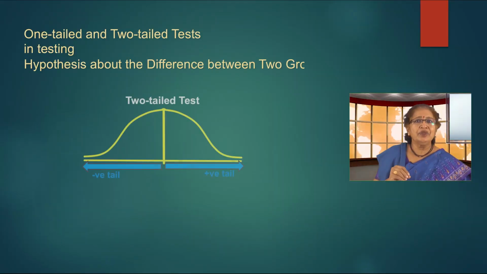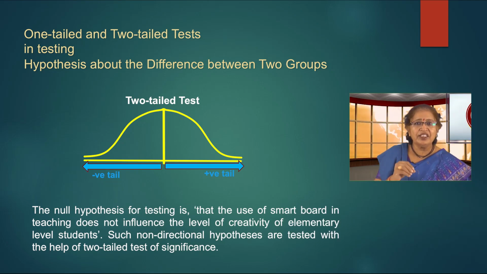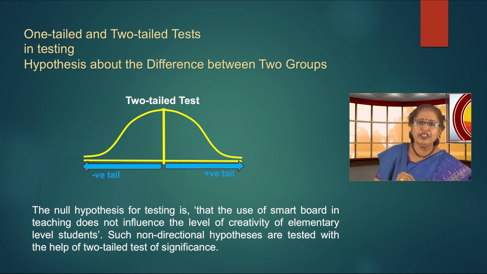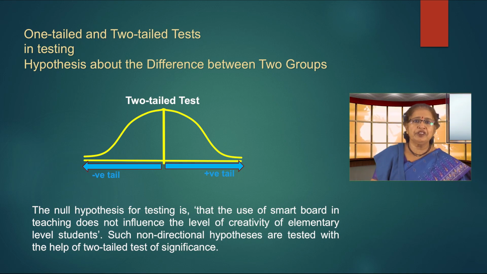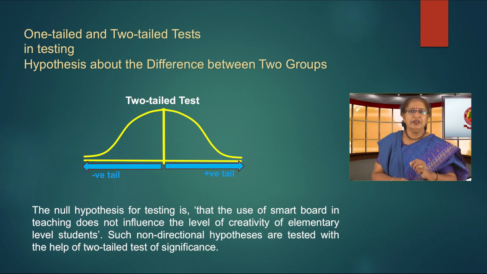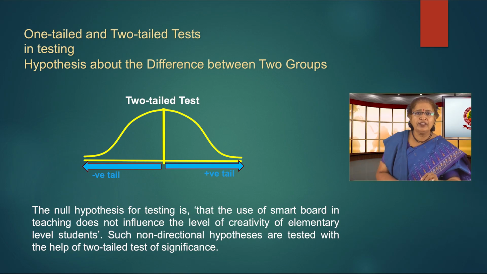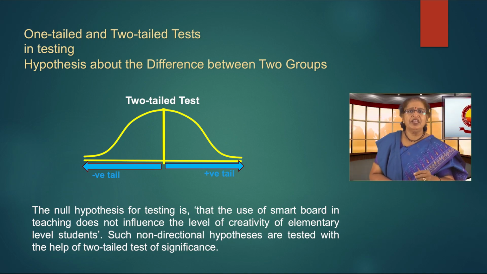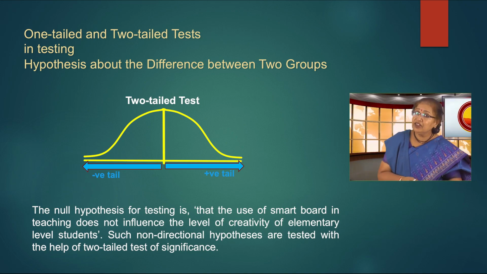It is a non-directional alternate hypothesis, which Anjali had converted into a null hypothesis for testing: that the use of a smartboard in teaching does not influence the level of creativity of elementary level students. Such hypotheses are tested with the help of two-tailed tests of significance.